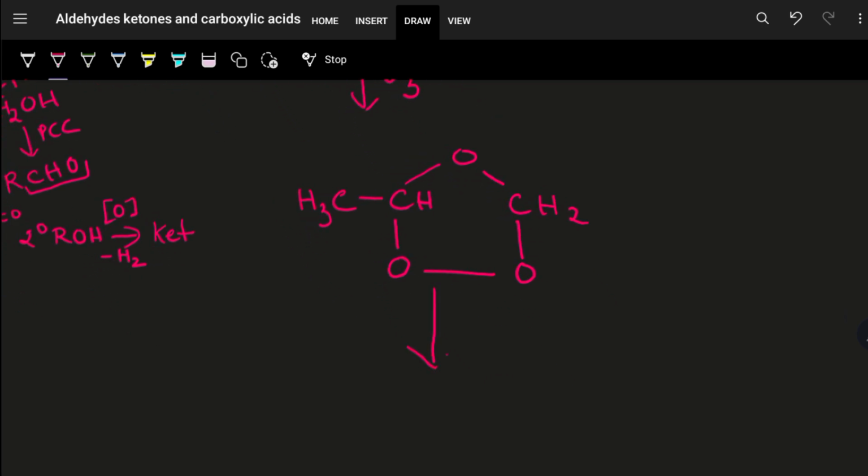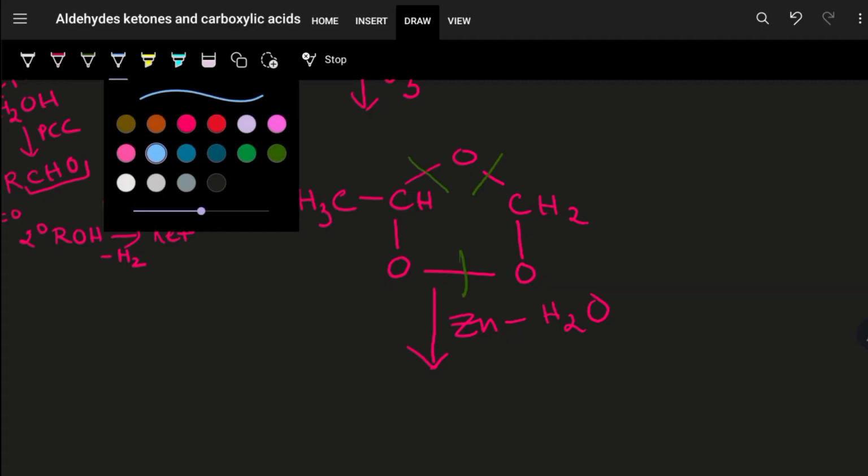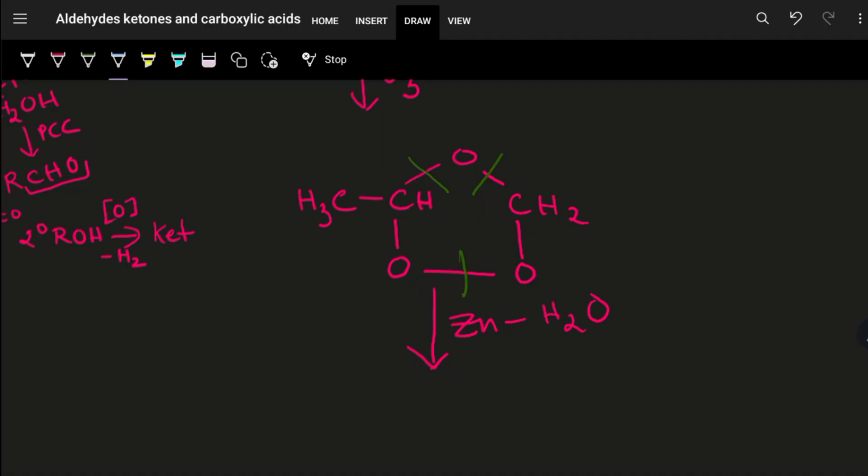And then hydrolysis, zinc and H2O, Zn/H2O. When I use Zn/H2O, it breaks in this manner here, here and here. So actually it is breaking in this manner. This bond is breaking and this is again breaking. So what am I getting from here?